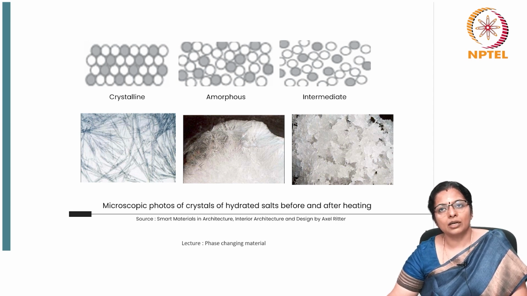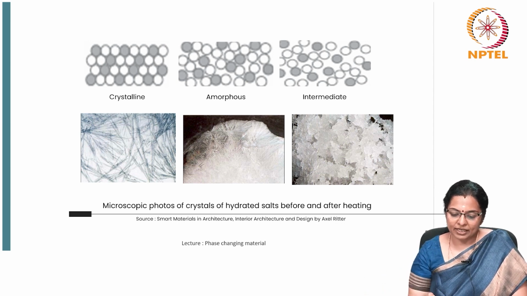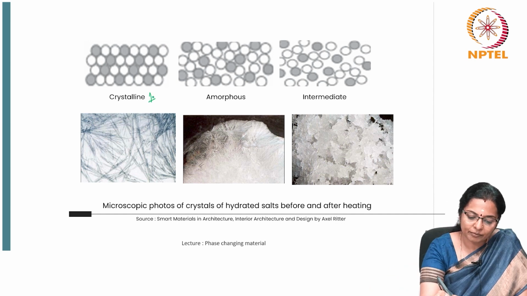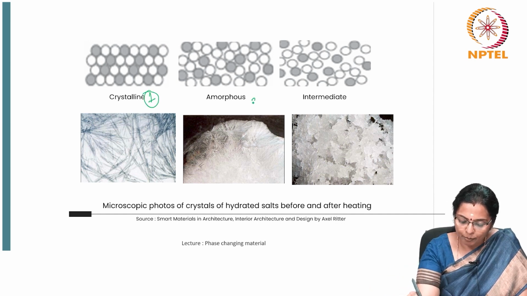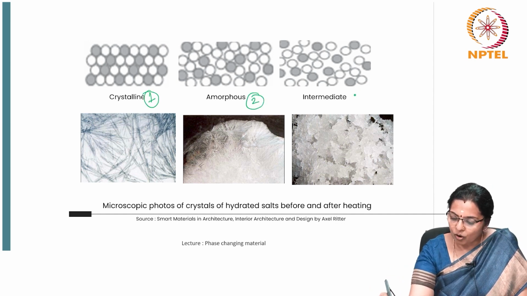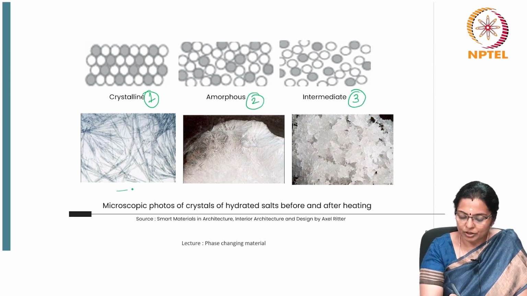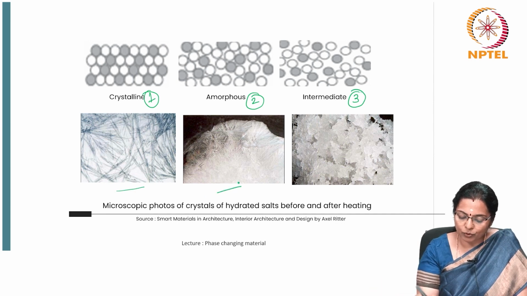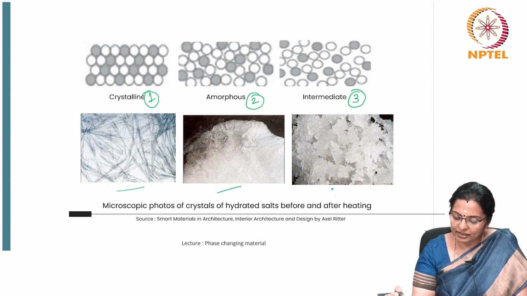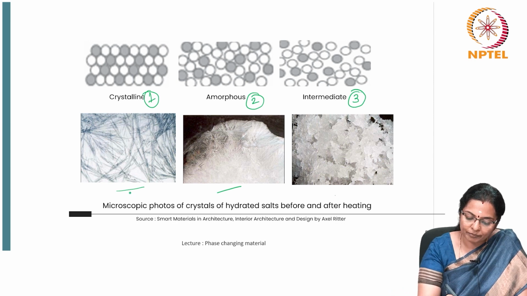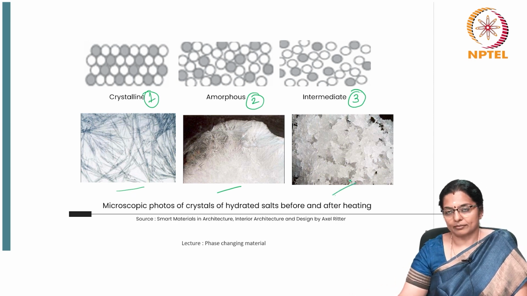These processes are reversible, and phase changing materials can undergo an unlimited number of cycles without degradation. Phase changing materials can be crystalline or amorphous or intermediate. This picture shows the microscopic photos of crystals of hydrated salts before and after heating.